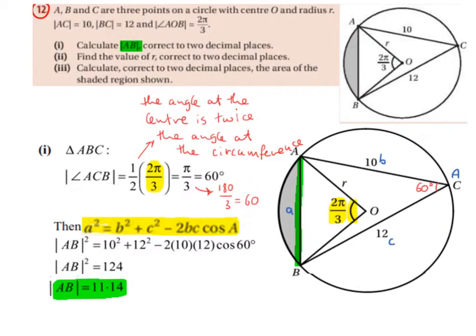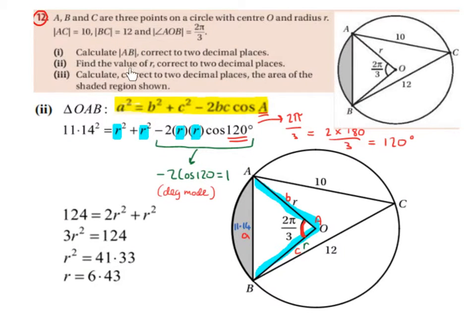It doesn't matter which way you label them. I've labelled the 10 as b and the 12 as c. So we get AB squared equals 10 squared plus 12 squared minus 2 by 10 by 12 cos of 60 degrees. Putting this into the calculator, we get 124, and the square root of that is 11.14 to 2 decimal places. So the distance from A to B is 11.14.